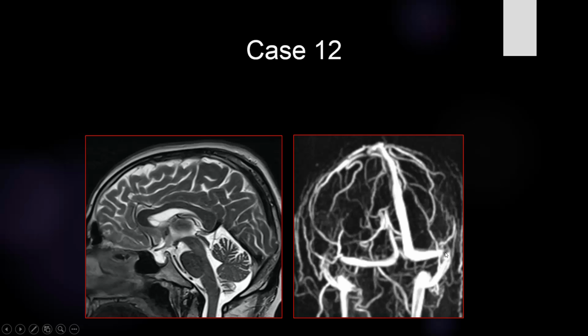Now there is an attenuation here, and there is an attenuation of the lateral part of the transverse sinus. Such attenuation in this specific location, which is the lateral part of the transverse sinus, is usually characteristic of idiopathic intracranial hypertension.